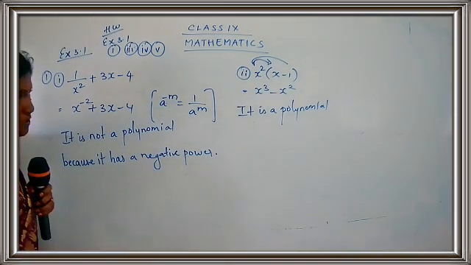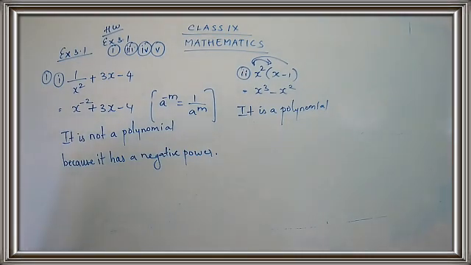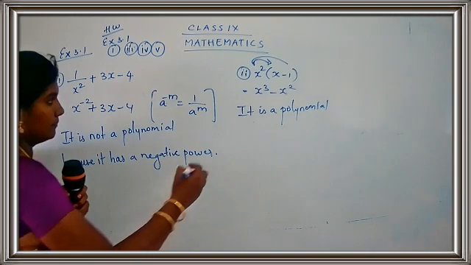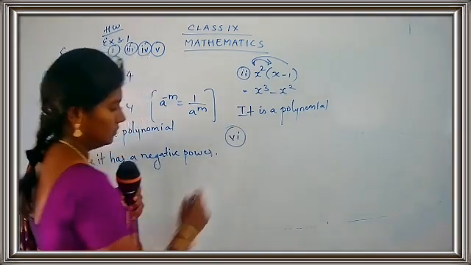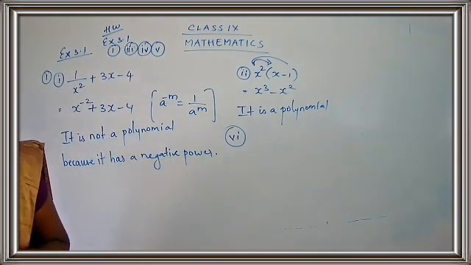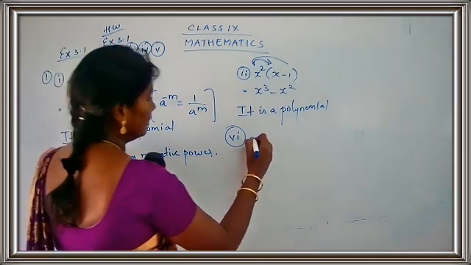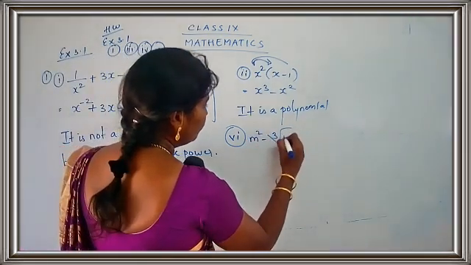So now we have one more sum left. What was it? Sixth sum. Let's do the sixth sum. Write down the sixth sum. m square minus cube root of m.